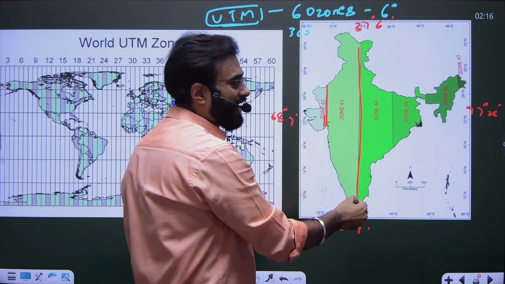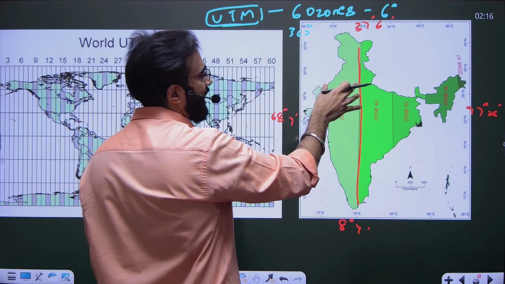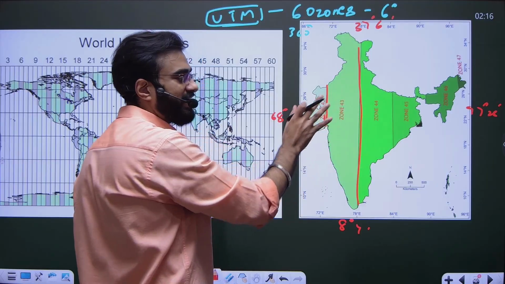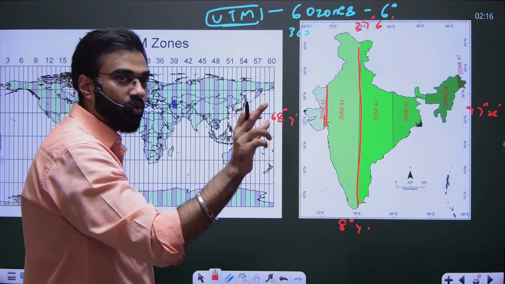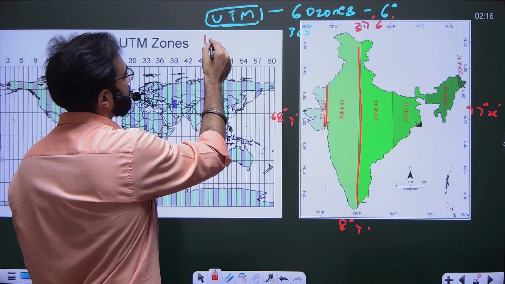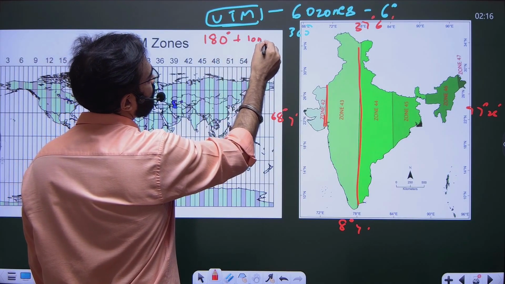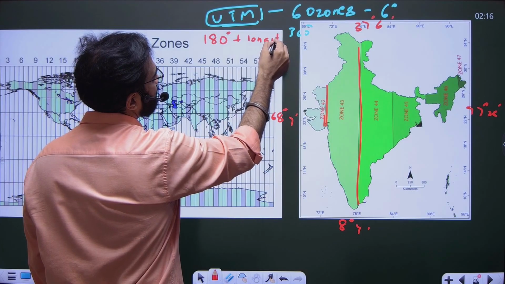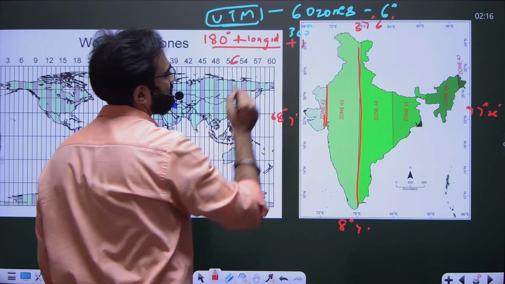There is a formula for calculating the UTM zone, just sharing because it is interesting. How will we calculate the UTM zone for any particular area, in which UTM zone it lies? The zone is 180 plus the longitude value in degrees, divided by 6, plus 1.